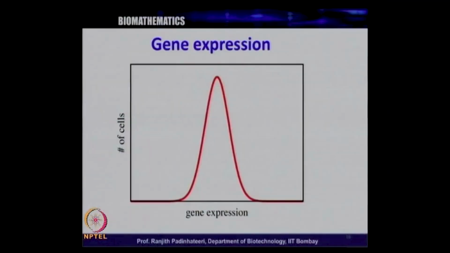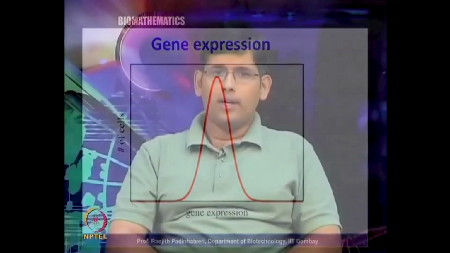Now let us go to the next case, which is the case of gene expression. Let us say you have an experiment. You have a lot of cells, and in each cell you are measuring how much a particular gene is being expressed. Let us take the example of a yeast cell and the gal gene, or any gene, your favorite gene. The question we are asking is how much this gene is being expressed.